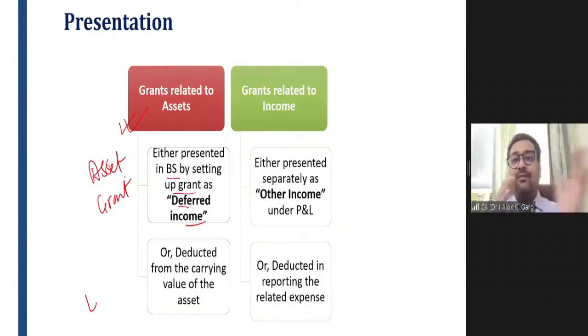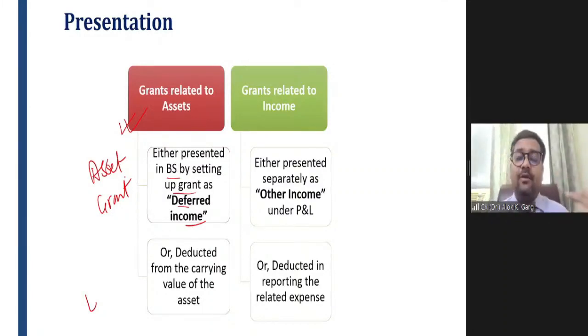If the asset is free of cost, then the full value. If the actual money has been received or the grant has been agreed for a fixed amount, then that fixed amount. Okay. For example, a 50 lakh rupees building, the government has given free of cost. So in this case, grant and building both have to be shown as 50 lakh rupees.